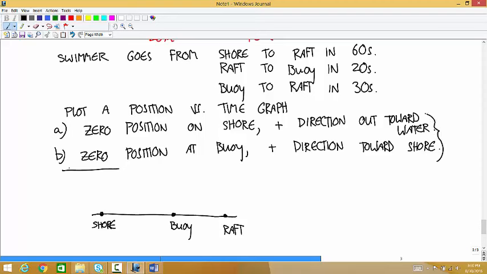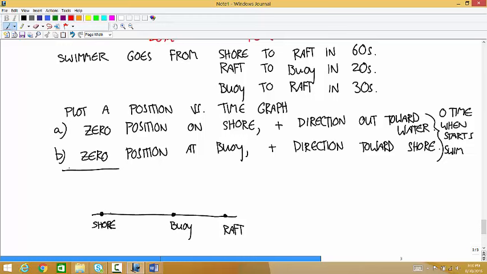For both of these, let's say 0 time is when the swimmer starts swimming. Okay, so no matter what the zero position is or the positive direction is, that doesn't affect the swimmer. The thing that you're observing is totally independent of your choices of positive direction, zero position, zero time, right? The person isn't even aware that we're there. That's sort of creepy.